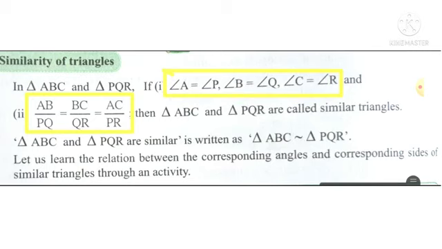Okay, understand what is the difference? कॉन्ग्रुएन्समध्ये साईड्स कॉन्ग्रुएंट होते, आणि सिमिलॅरिटीमध्ये साईड्स प्रपोर्शनल असतात. Then we say that these two triangles are similar. You denote by triangle ABC similar to triangle PQR.